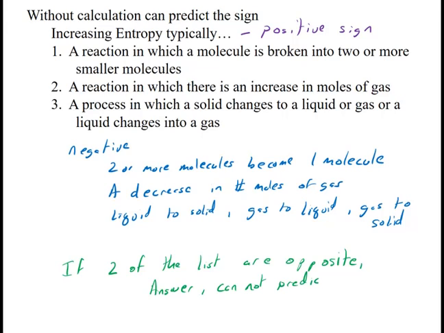Let's say that I had a molecule that was broken into two or more molecules, but I had a decrease in the number of moles of gas. In that case, one says positive, the other one says negative, and so the answer then becomes I cannot predict.